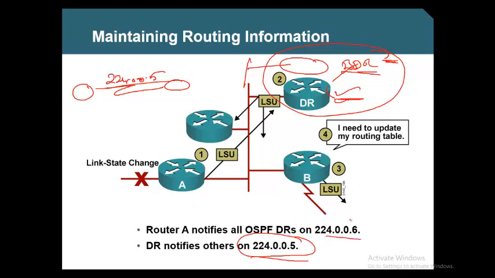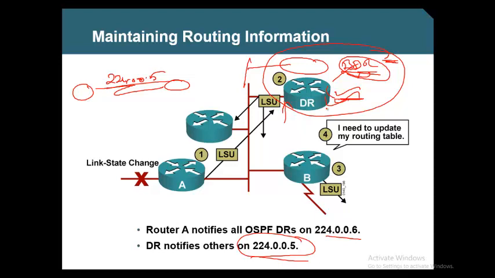They have their own IP addresses, but currently this is the DR. Later, there may be another router as the DR. This backup router may become the DR. So, because the DR may change, you cannot identify it with one point-to-point address, with a unicast address. It should be identified with a multicast address.